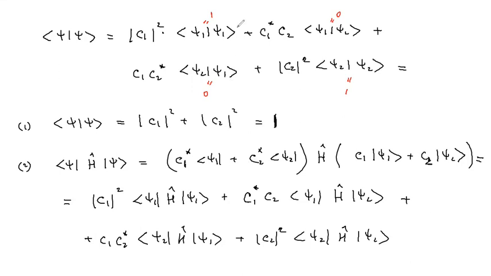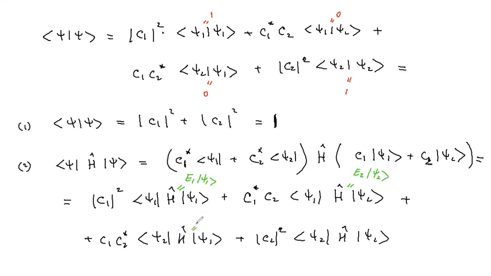So then let's write it. This operator H acting on psi1 will give me what? E1 psi1, yeah? This operator H acting on psi2 give me what? E2 psi2. Here, operator H acting on psi1.